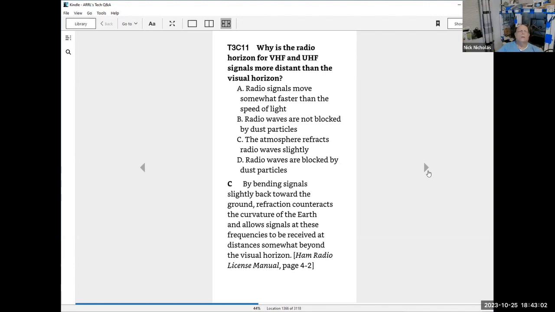It's actually line of sight plus the bending. The bending brings the signal a little bit past the curvature of the Earth, bends it down a little bit past. So a signal will often carry just naturally a little past the visual horizon.